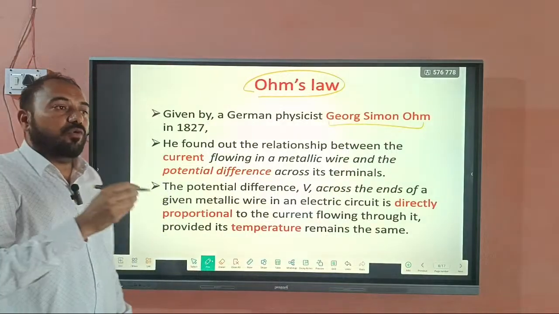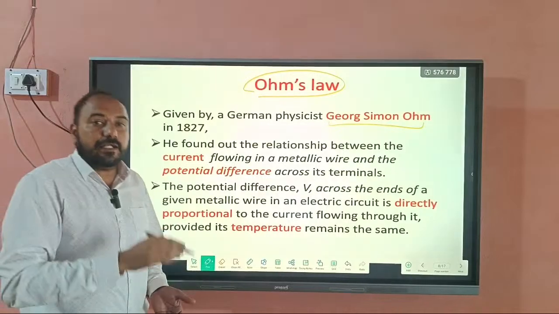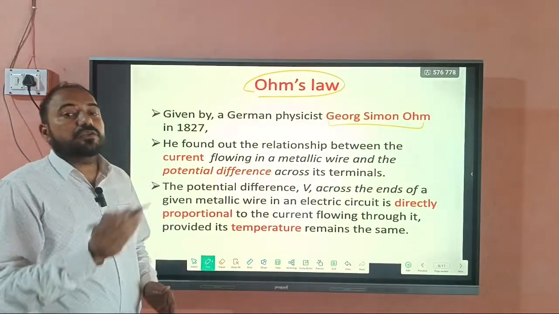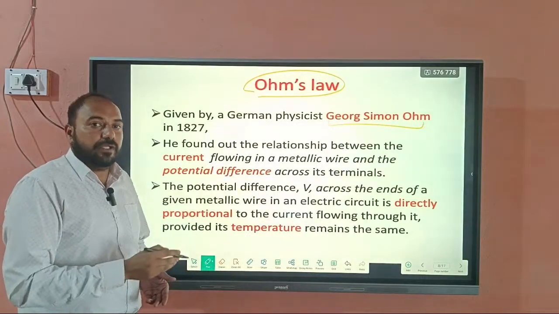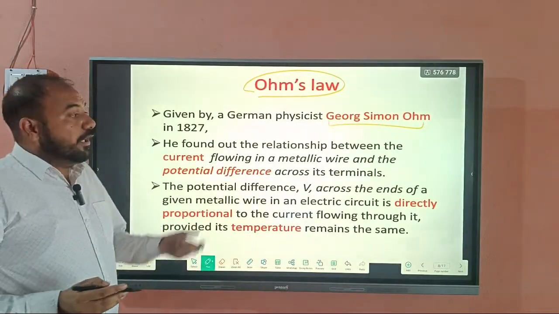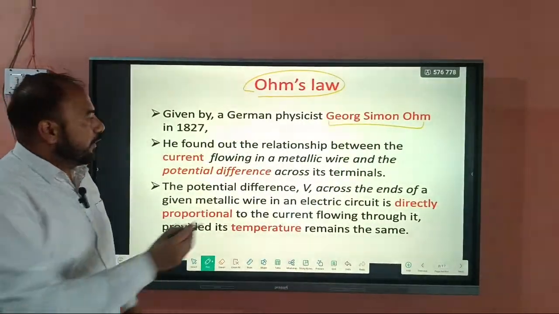If we change the voltage, then the electric current also changes. If we increase the voltage, the electric current also increases, and if we decrease the voltage, the electric current also decreases. So we can say that electric current is directly proportional to the voltage.